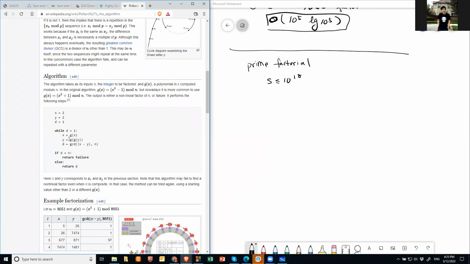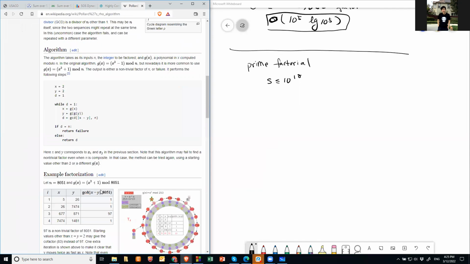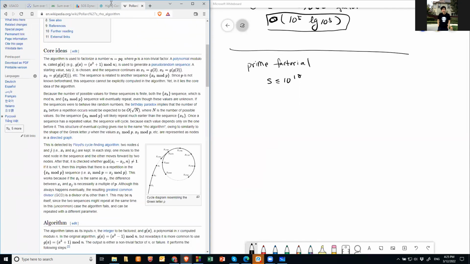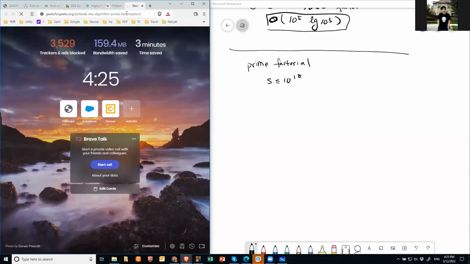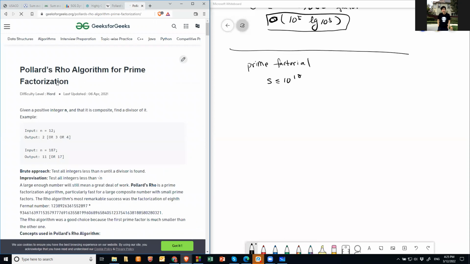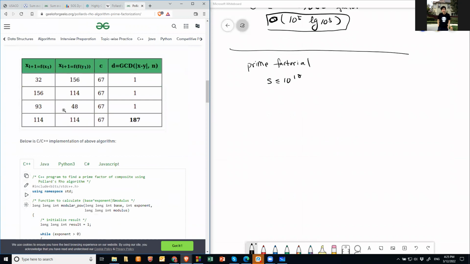That's a description of this algorithm. There's actually an implementation of this on GeeksforGeeks, how to implement this, and obviously not a brute force approach, right?